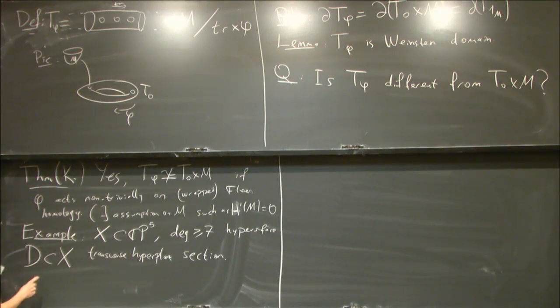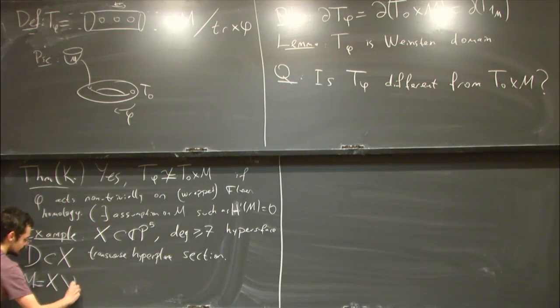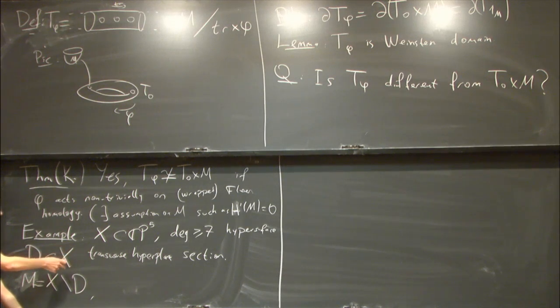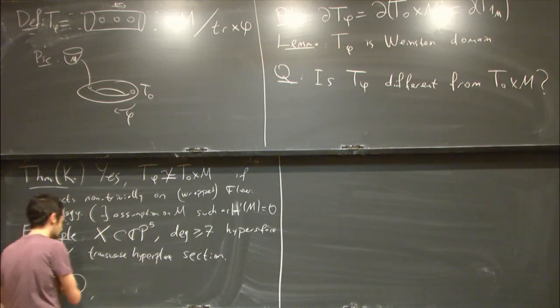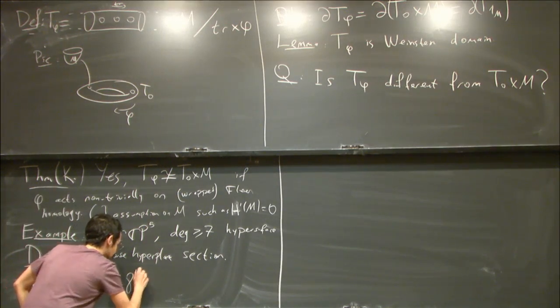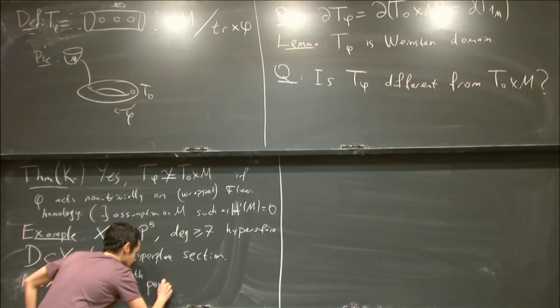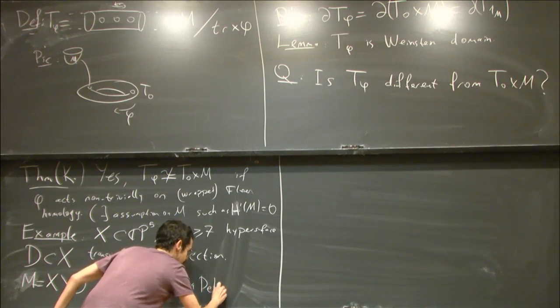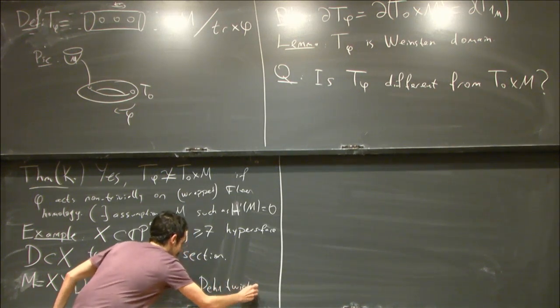Okay, so I will take M to be the complement of this divisor. This is an affine variety, and it's a Weinstein manifold. By considering the quadratic degenerations of this hypersurface, you can find Lagrangian spheres in M. And let phi be the 8th power of a Dehn twist along such a Lagrangian sphere.